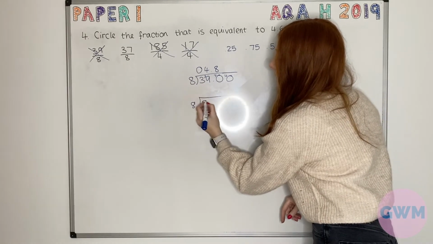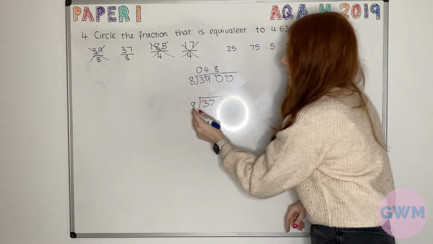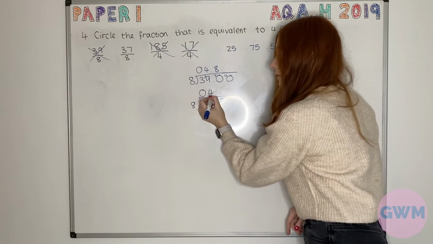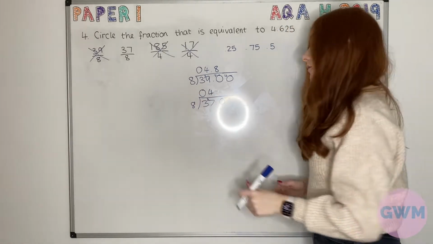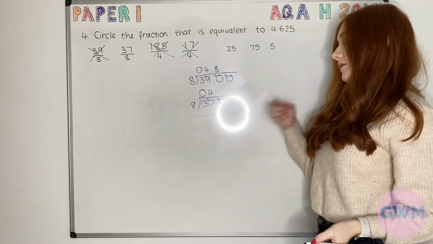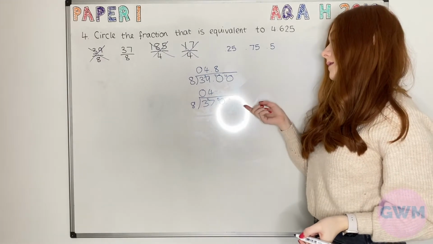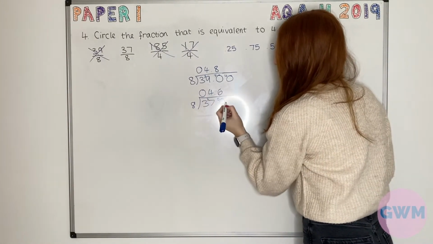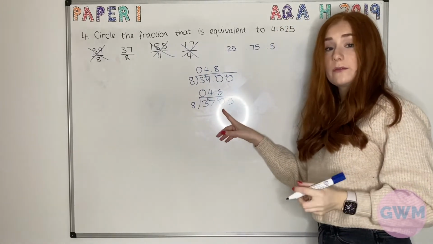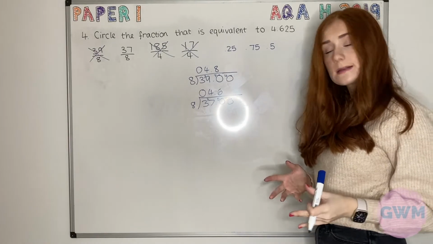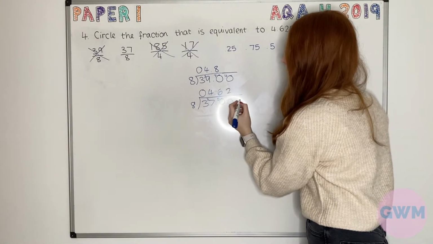8 into 37. Again, 0 going to 3, but 4 going to 32, and that leaves a remainder of 5. 8 into 50, 6 8s are 48, so let's put 6 there, and that's 48, so the remainder here is 2. 8 into 20, well, 2 8s are 16, so let's put that there.